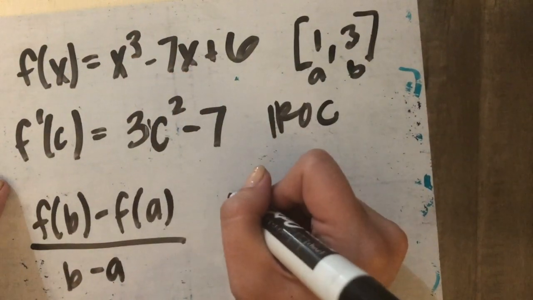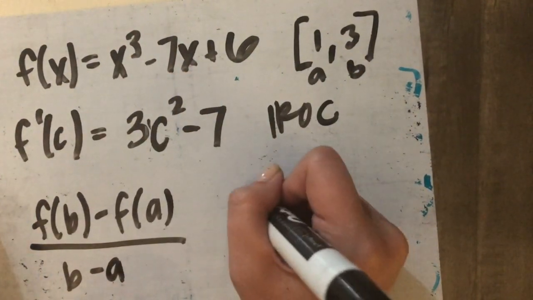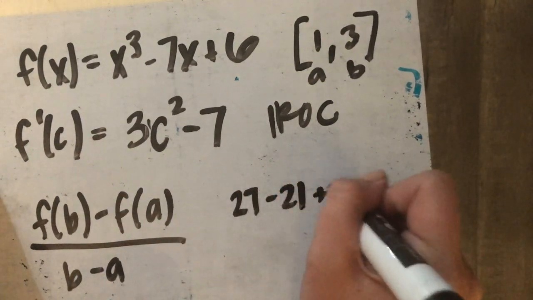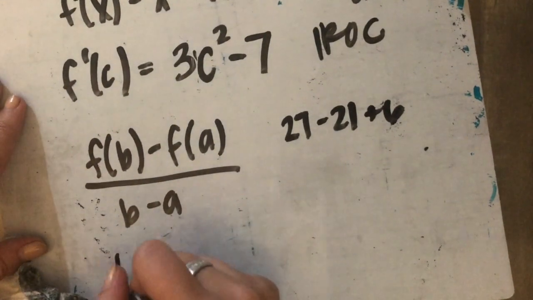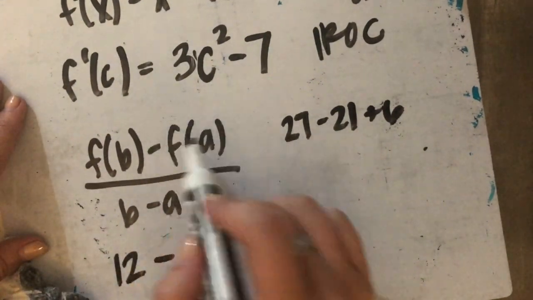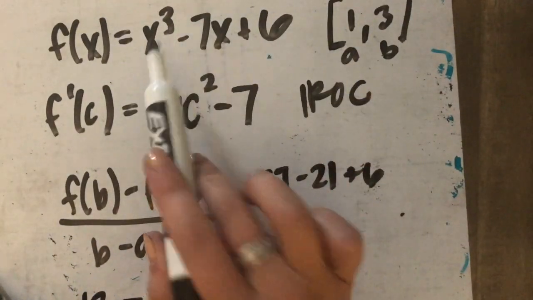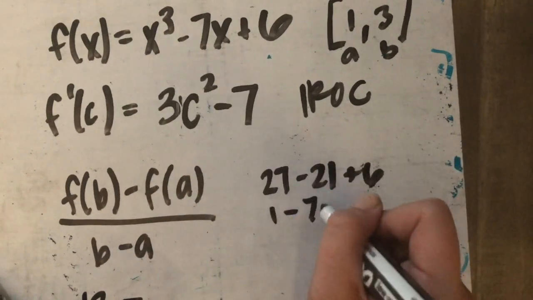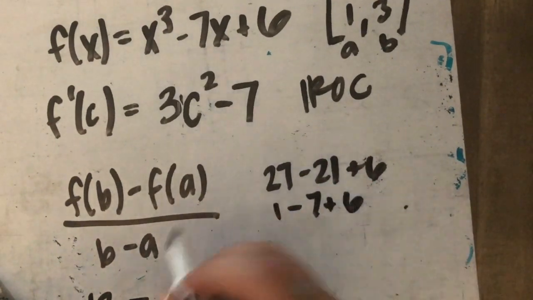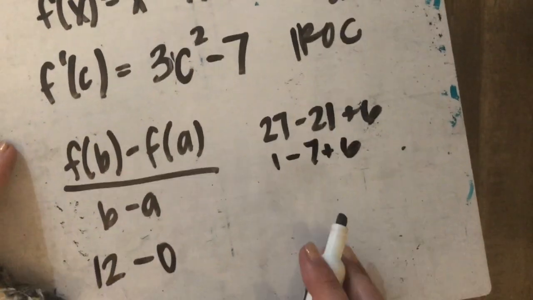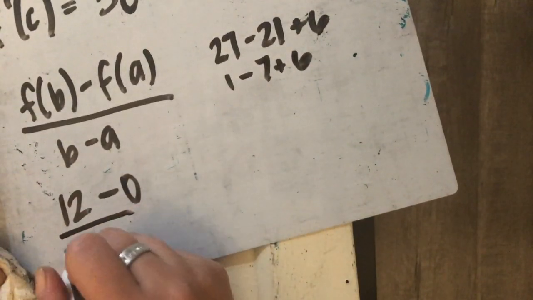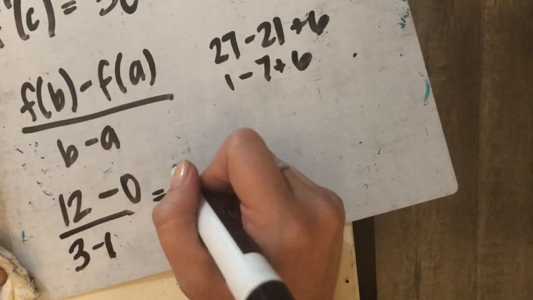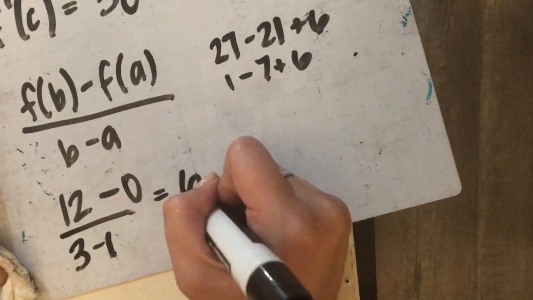F of 3, we would have 3 times 3 times 3 is 27 minus 21 plus 6. So that would be 6 plus 6, so that's 12. So I would have 12 minus f of 1, right, because A is 1. So I'd have 1 minus 7 plus 6. That would be 0. So I have 12 minus 0 over B minus A, 3 minus 1. So I have 12 divided by 2, which is 6.